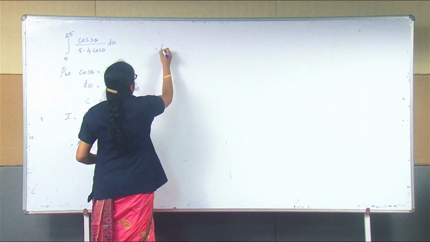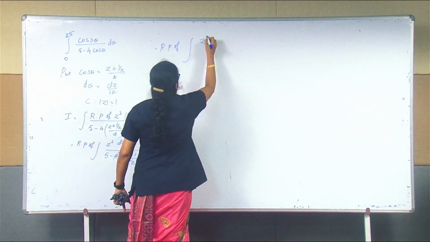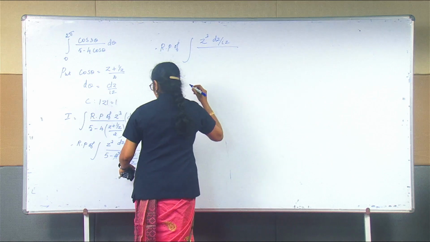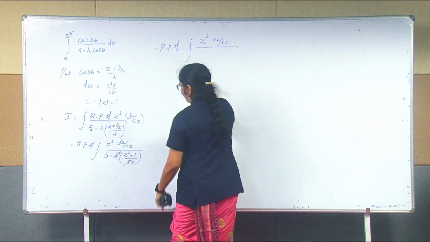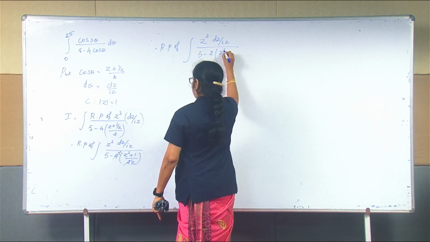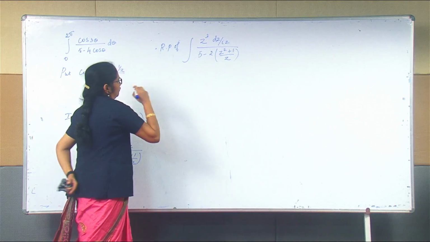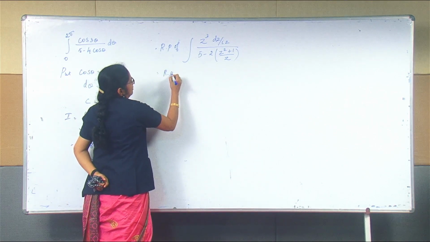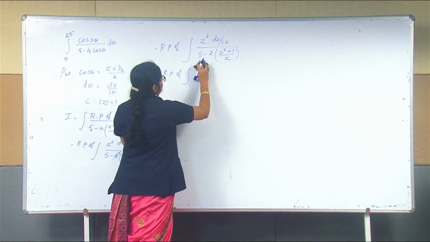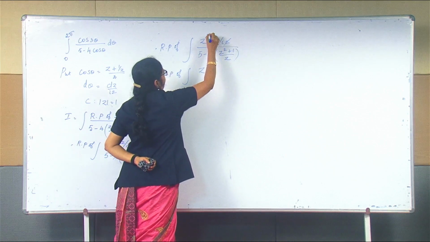So real part of z cube dz by iz divided by, here we can take the common LCM, or one more time I will write it again, z square plus 1 by z. Now we have to take the common LCM. So real part of, here we can cancel one part of z.